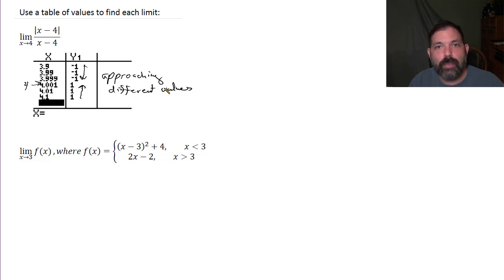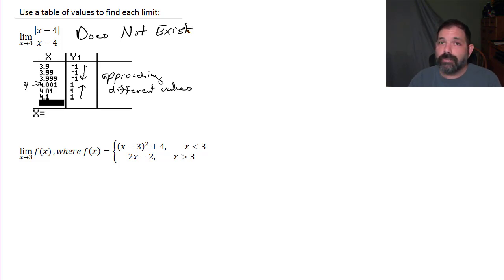When this happens, we say this limit does not exist. So if we're approaching from the left and from the right, and we're getting different outputs depending on the direction we approach from, we say the limit does not exist.